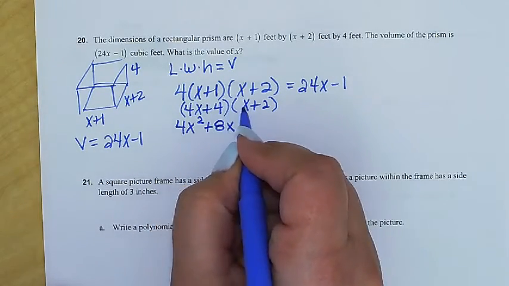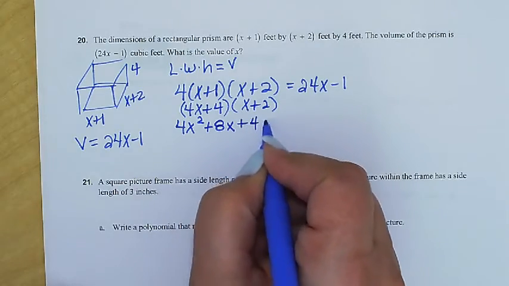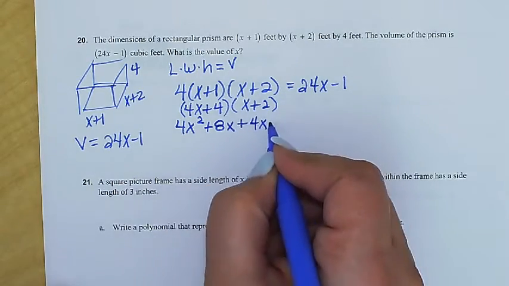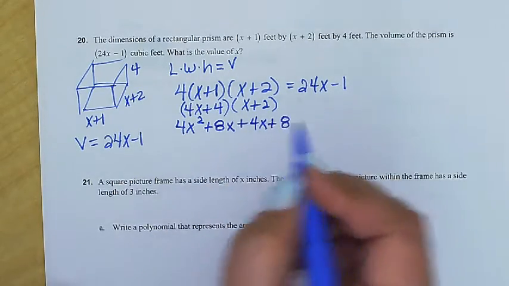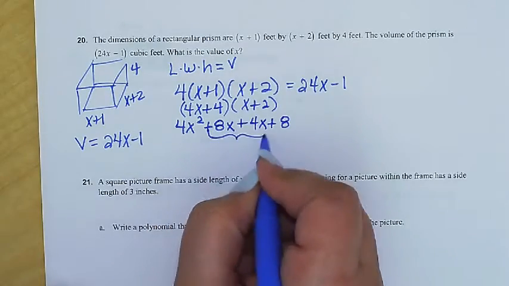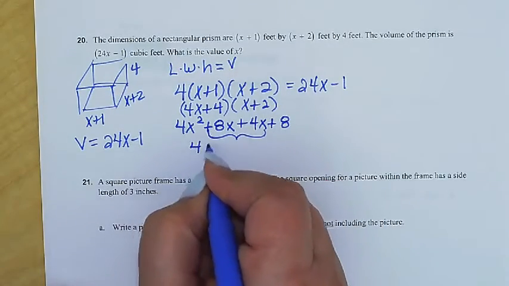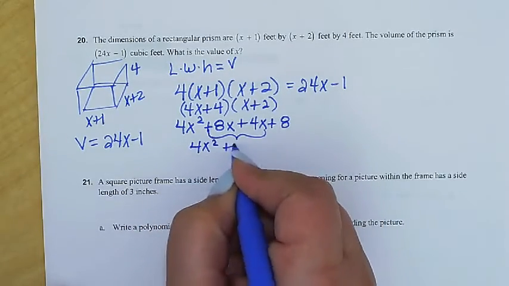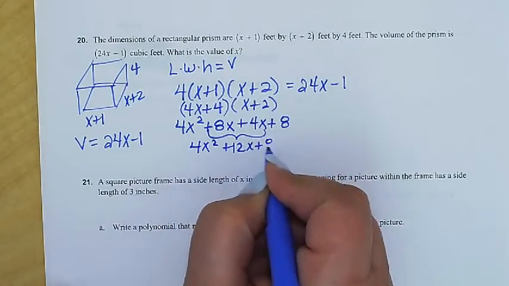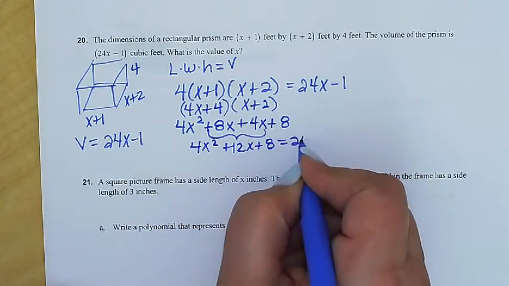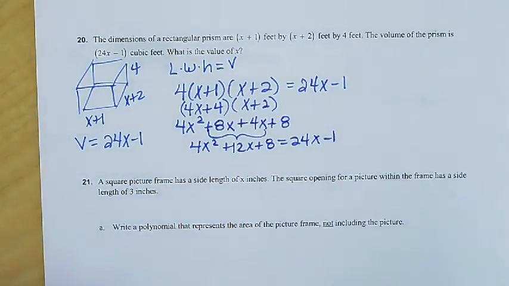And then our inner terms, 4 times x is 4x, and 4 times 2 is 8. And then, of course, as usual, there's a couple of like terms, so we really end up with 4x to the second plus 12x plus 8. And that is equal to 24x minus 1, which was the problem.